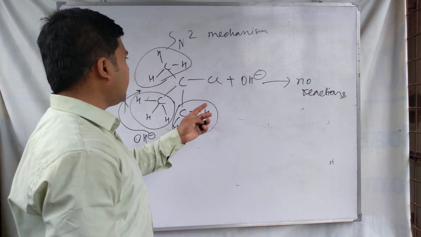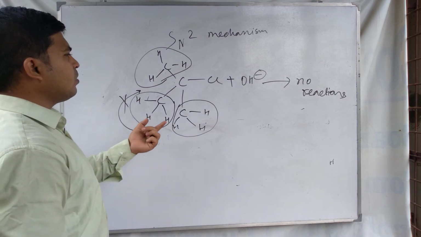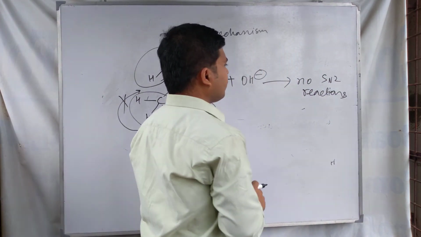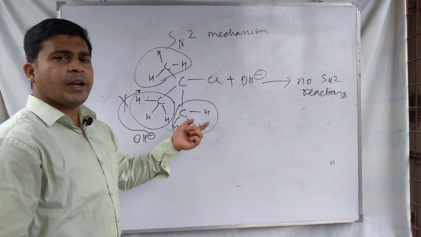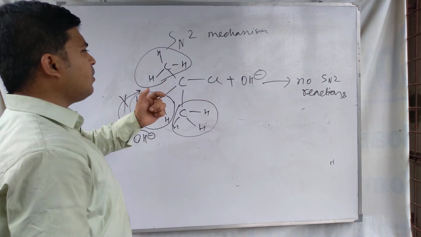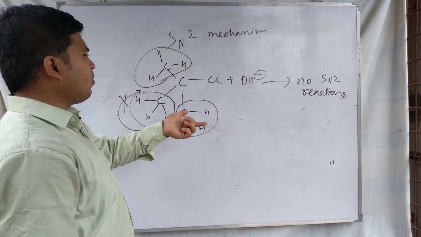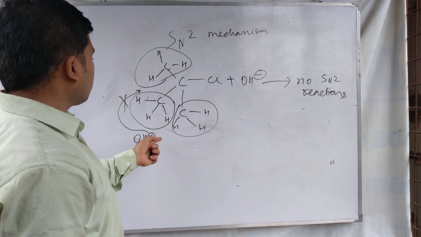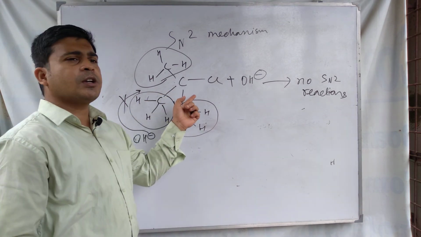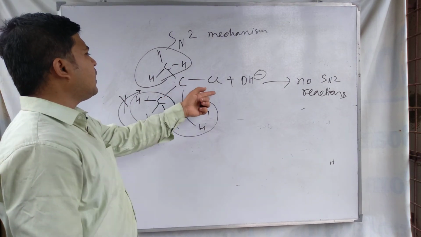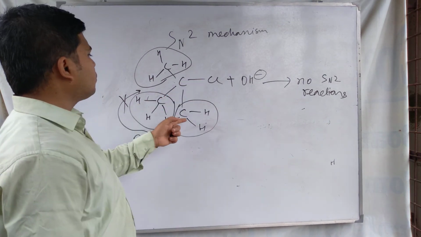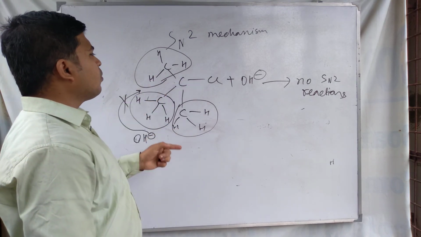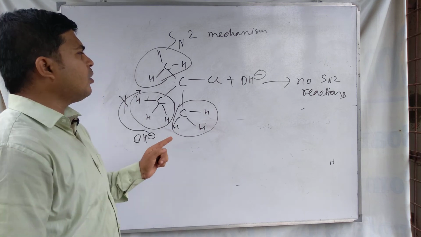Here there is no SN2 reaction. The SN1 mechanism can easily be performed, but the SN2 mechanism does not take place, because the nucleophile cannot attack the carbon because of the sterically hindering groups around it.